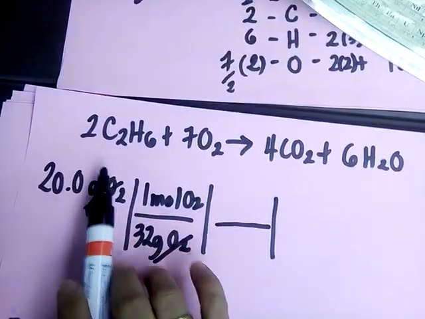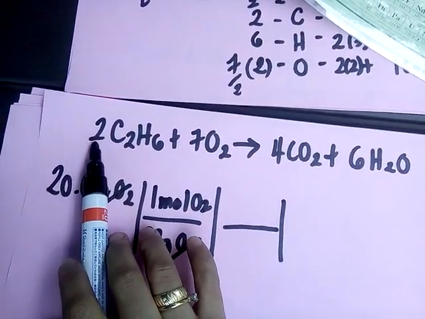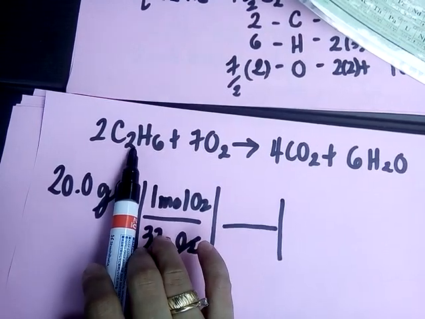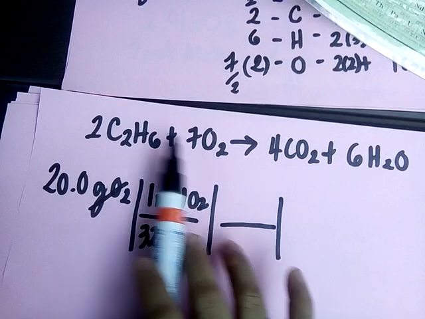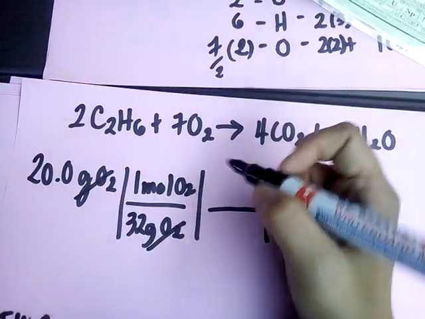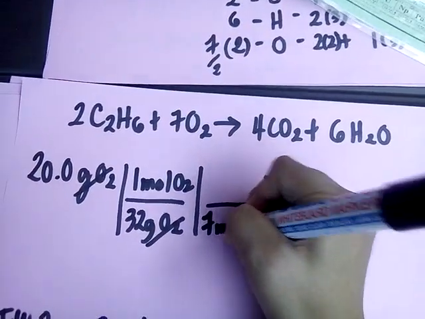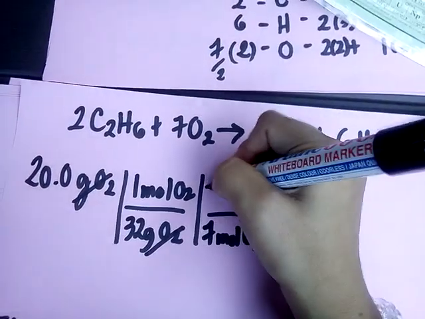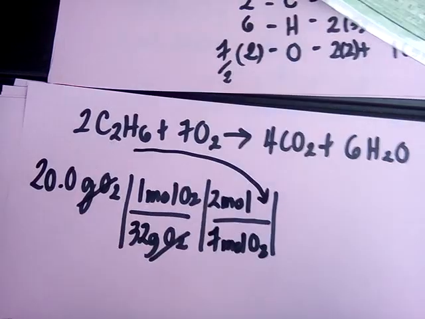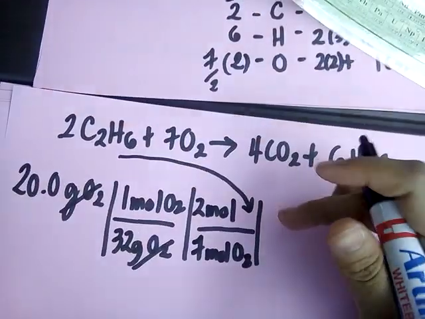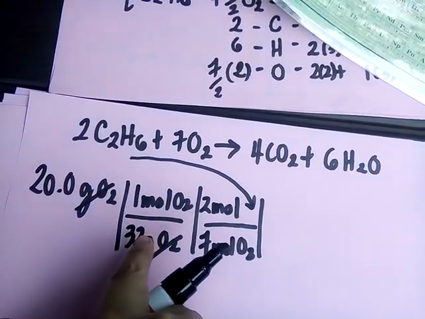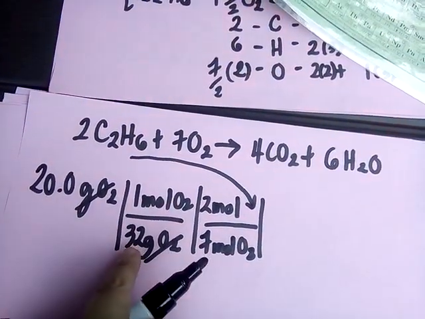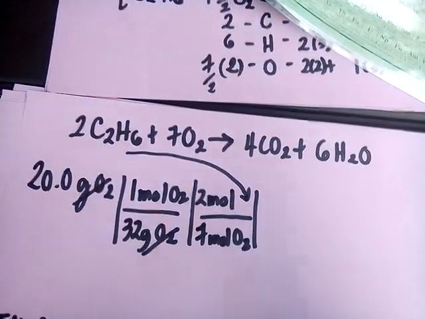This means that there are 2 moles of ethane reacting with 7 moles of O2, that is your mole ratio. 2 is to 7. So for every 7 moles of O2, 2 moles of this is reacting. Alright? So that's 20 times 2 divided by 32 divided by 7.